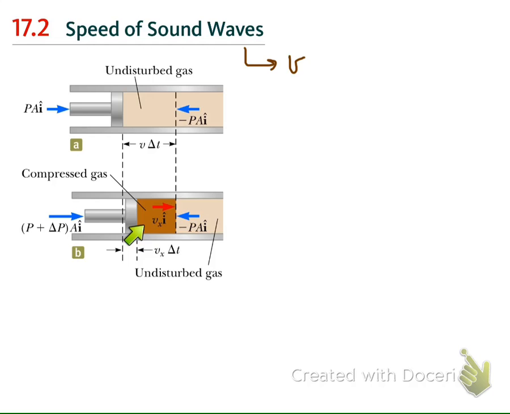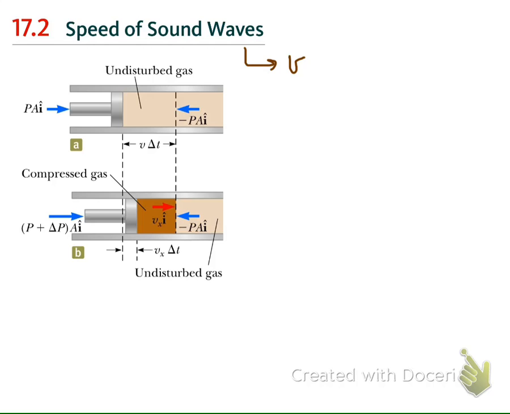Strictly speaking, this is not true because the disturbance from the piston will affect the molecules of the gas near the piston only, and the gas near the surface of the piston will move with the velocity Vx, the same velocity as the piston. But far away from the piston, the gas may move with a different velocity.